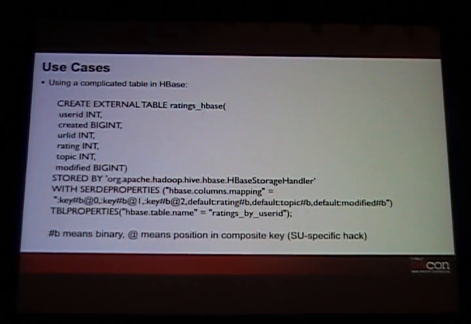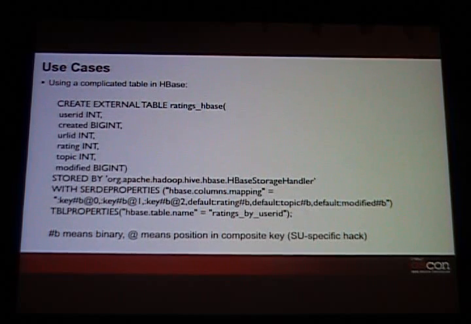So here we have a key. The #b means it's binary data, and this is coming from HIVE-1634. And then we have an @0. This is a composite row key, and we have 3 different fields in it. We have 4 bytes, 8 bytes, and 4 bytes, as you can see: user ID, created, and URL ID. And then the position means where it is in the key.